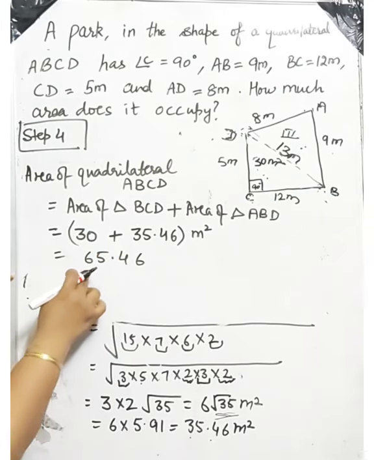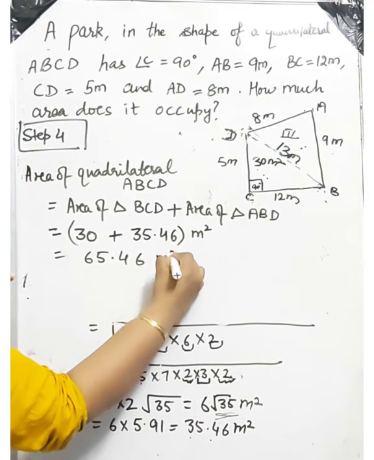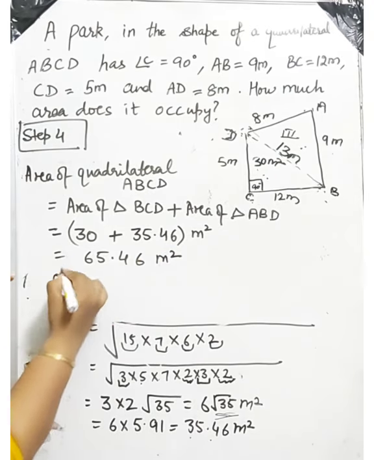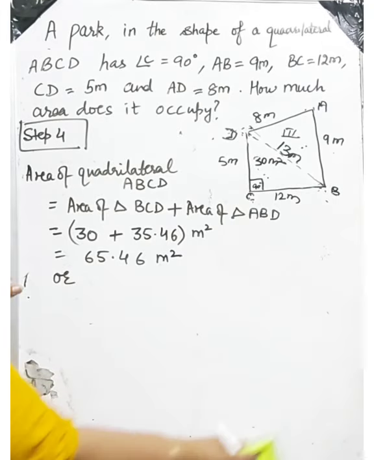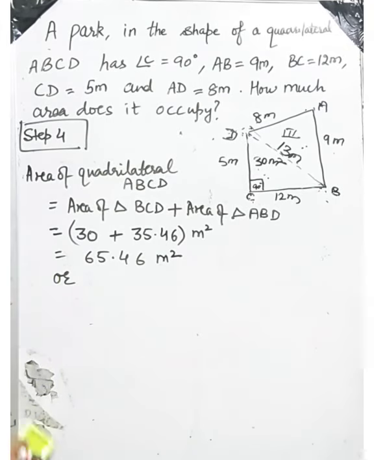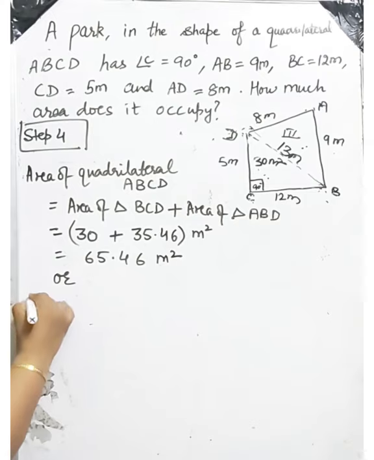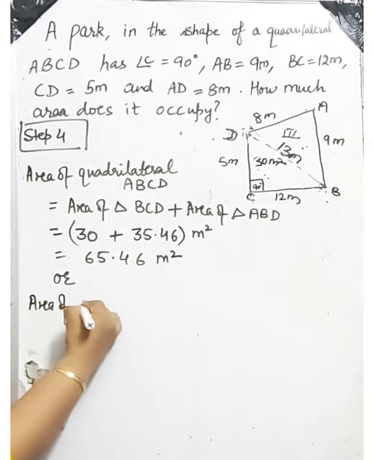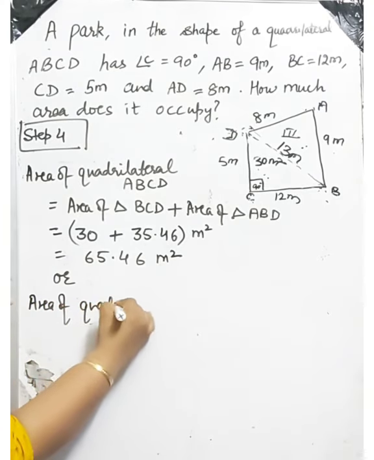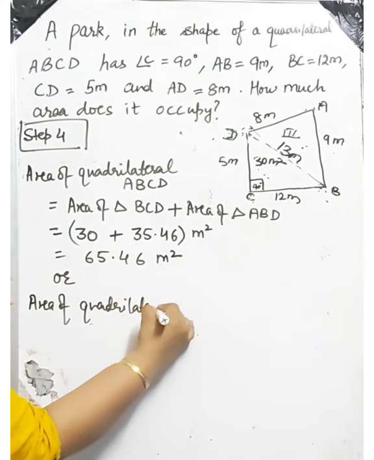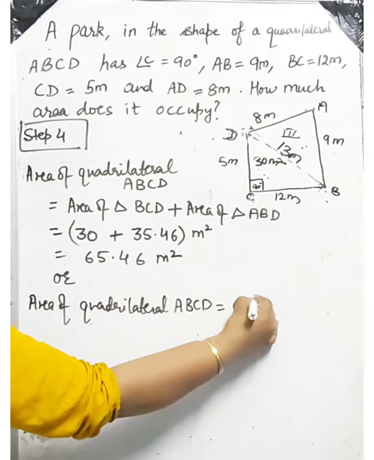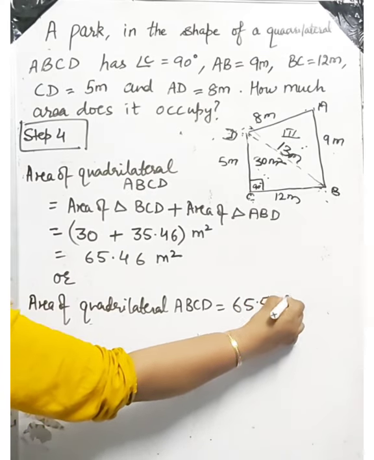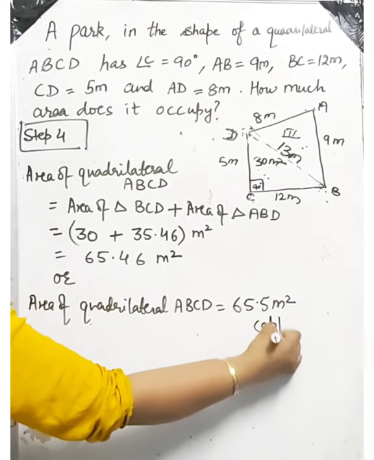The sum will be equal to 65.46 meters square, or area of quadrilateral ABCD is equal to 65.5 meters square approximately.